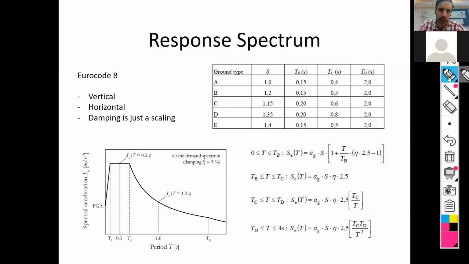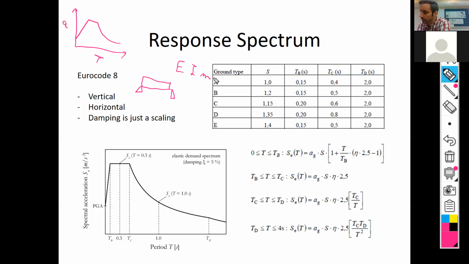So normally, for example, in the exam, when there is a question about earthquake, you will be given a spectrum that would look something similar to the Eurocode, I guess, with period and acceleration, and then you will be given a structure with some properties, and then you're going to have to calculate the frequency and also the period, and then look up the acceleration from the spectrum, and from then you'd have to calculate the response to that.